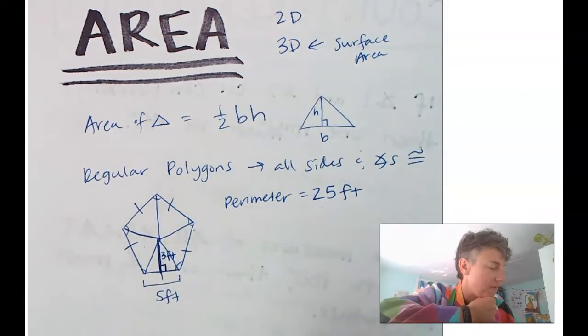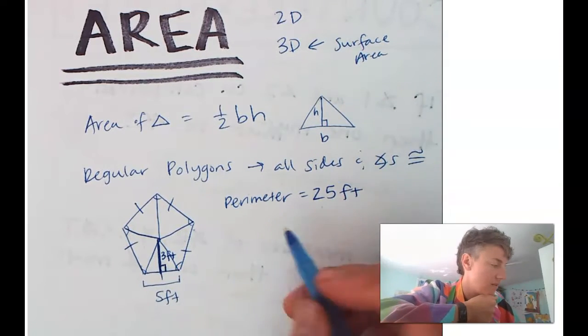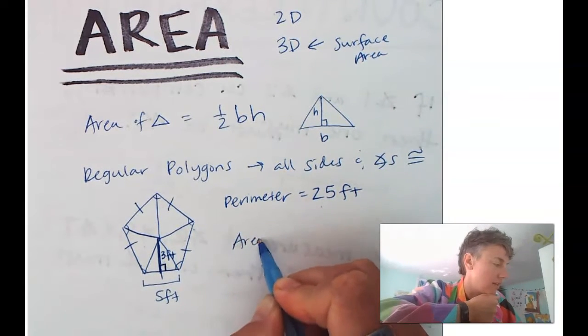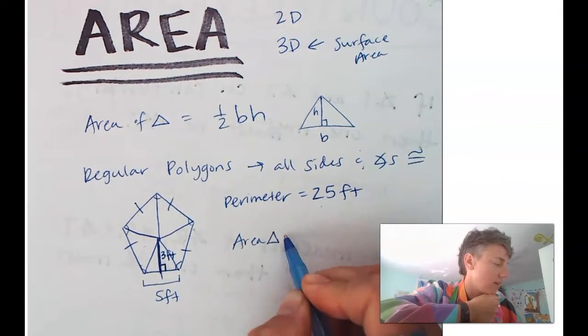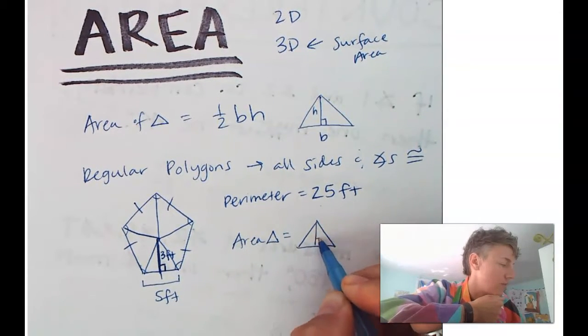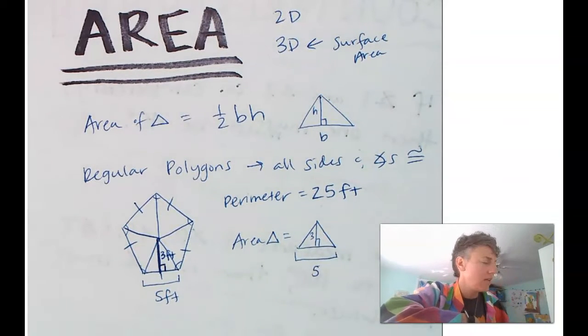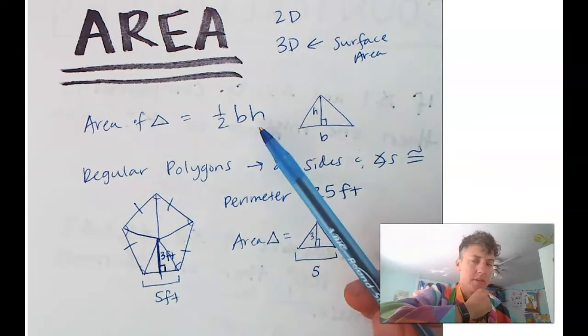So now we have 5 triangles that have a height of 3 and a base of 5. So let's just look at the area of the triangle for right now. Let me redraw that picture. We've got a height that is 3. We've got a base that is 5. What would the area of this one triangle be? Well, we could use this formula.